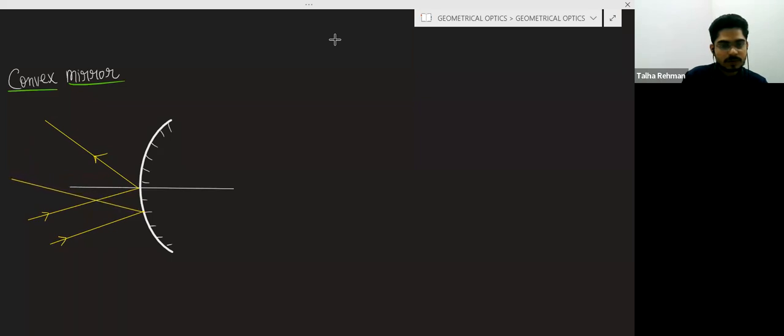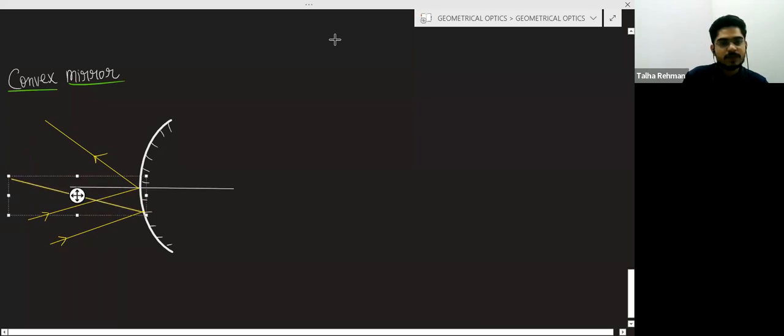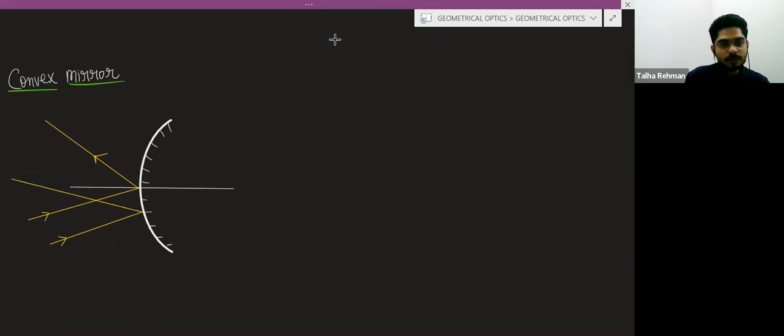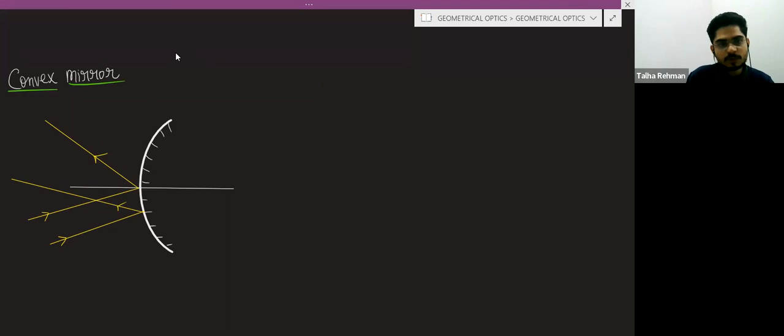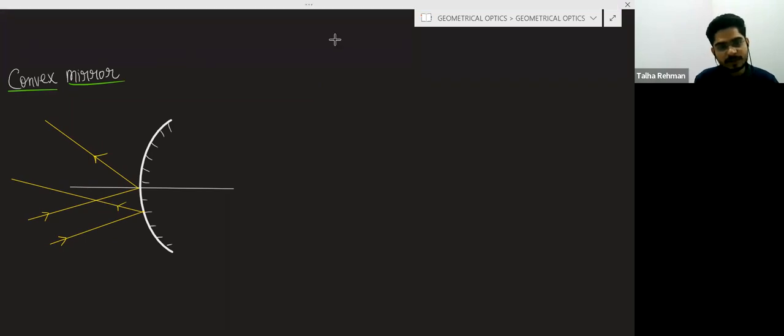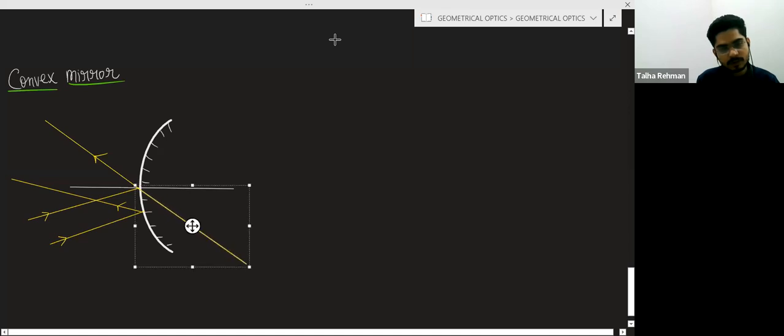And now what you will do, you will produce these rays in the backward direction. This is the reflected ray of this other ray. Both reflected rays are diverging in nature, but I am just producing them in the backward direction.